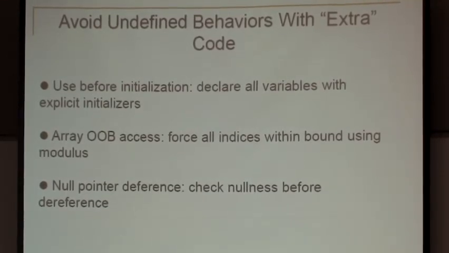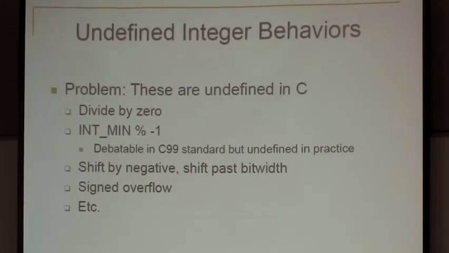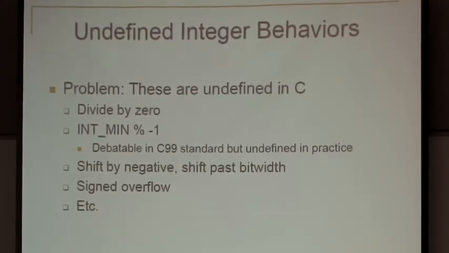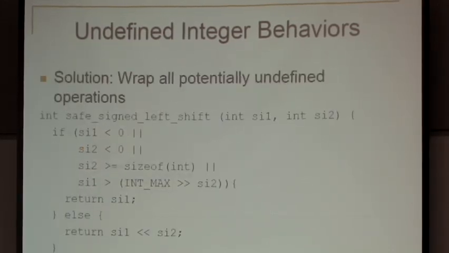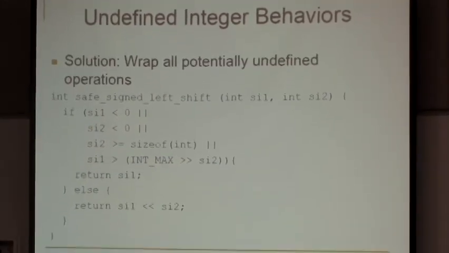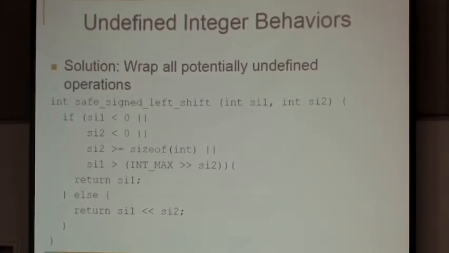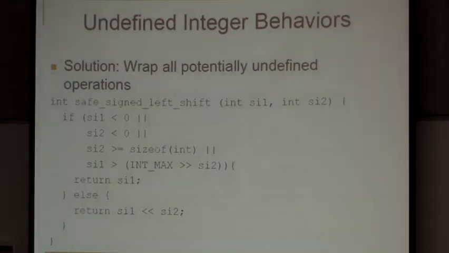And we can also do the same thing for integer undefined behaviors, such as divide by 0 or signed integer overflow. We basically wrap all the integer operations with a wrapper. The wrapper function will check the operands of the integer operation to see if they are going to cause undefined behavior or not. If yes, they back out. If no, they do the operation.